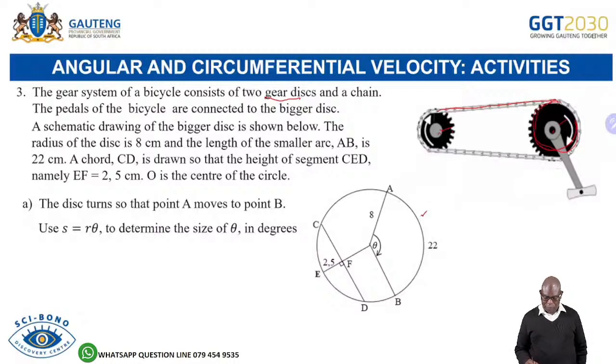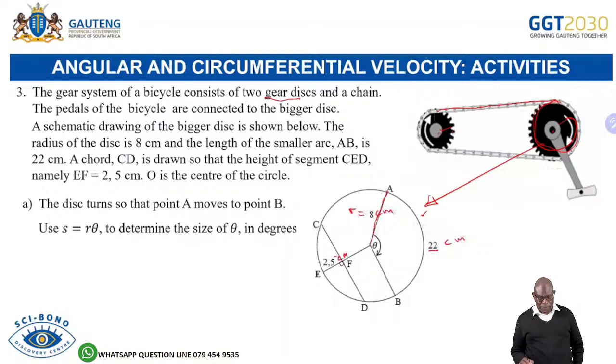The radius of the disc is 8 centimeters. So here's the radius. This is what we're interested in now, the radius. This is 22 centimeters. The radius is also 8 centimeters. The height is 2.5 centimeters.